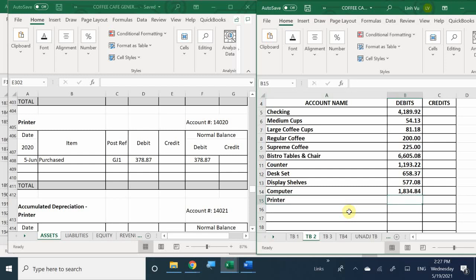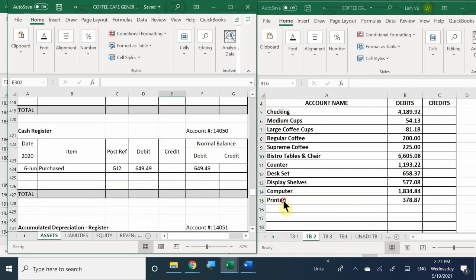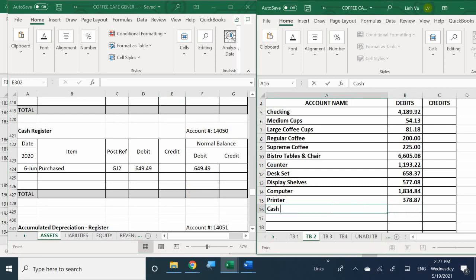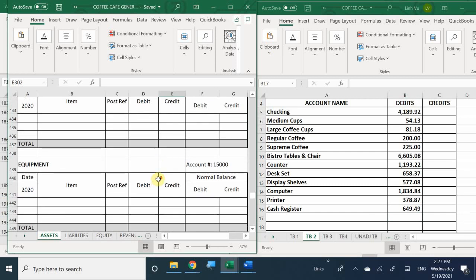Yes, we do, for $378.87. Okay. Do we have a cash register? Yes, we do, $649.49. And now we're going to be moving into equipment.